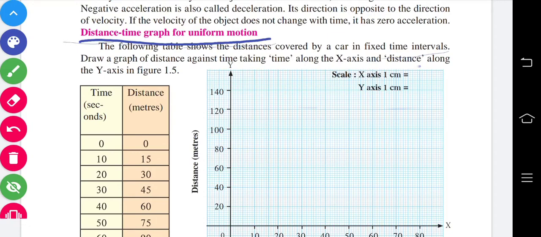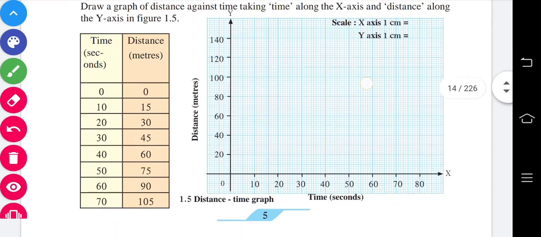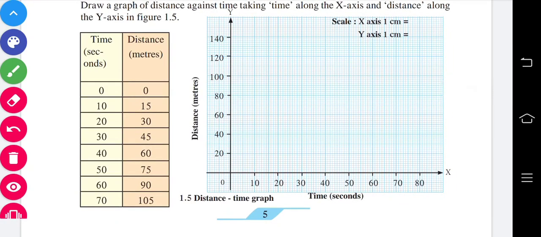The following table shows the distance covered by a car in fixed time intervals. Draw a graph of the distance against time taken. Time is on the x-axis and distance is on the y-axis. Let's try to draw.